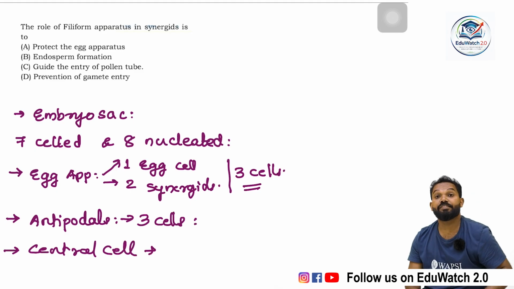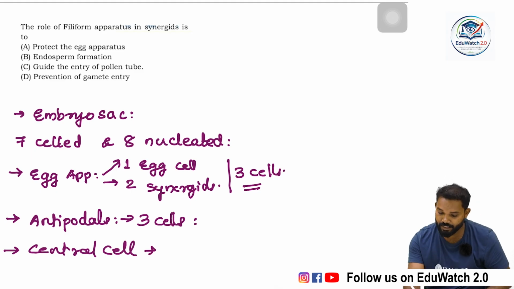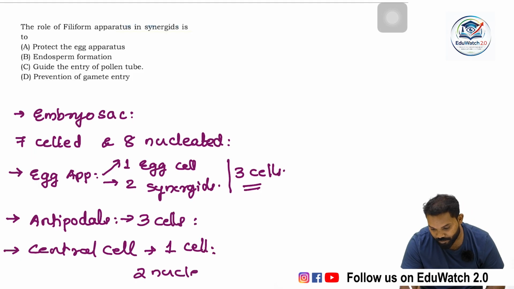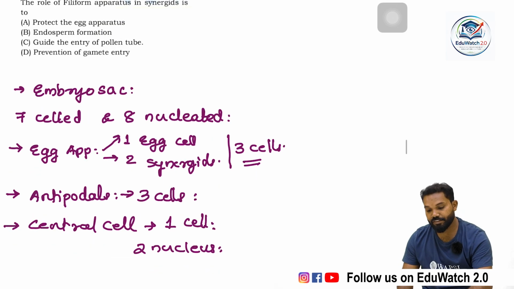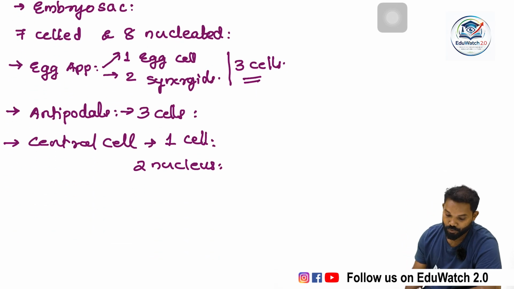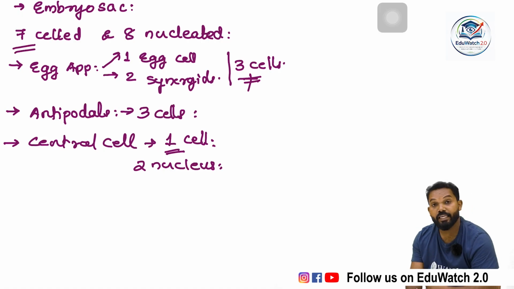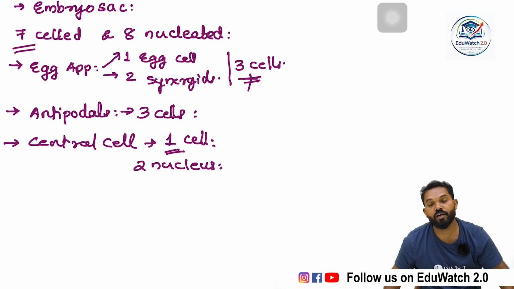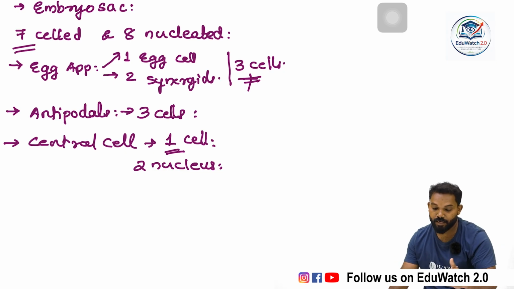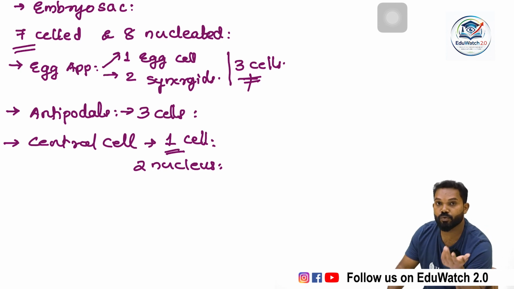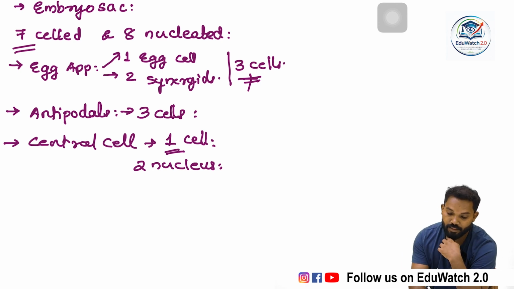The central cell is one cell, but it consists of 2 nuclei, 2 haploid nuclei. So 3 plus 3 plus 1, there are 7 cells. Each cell consists of 1 nucleus, but the central cell consists of 2 nuclei. So an extra nucleus is present in the central cell, so it is 8-nucleated.